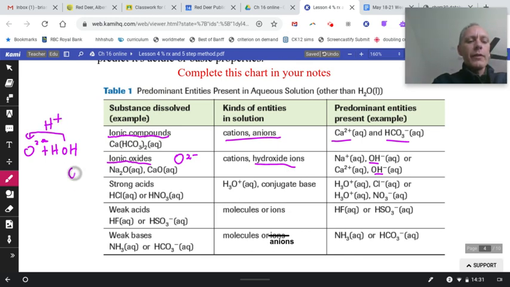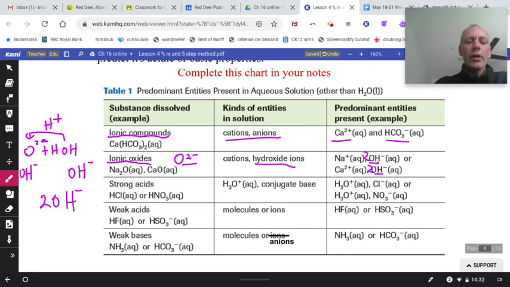So if water loses a proton, it turns into OH minus. And if O2 minus gains a proton, it turns into OH minus. So ionic oxides actually make two hydroxides, which makes them very good bases. Unusual. So ionic hydroxides and ionic oxides will dissociate, and we get those OH minus ions.